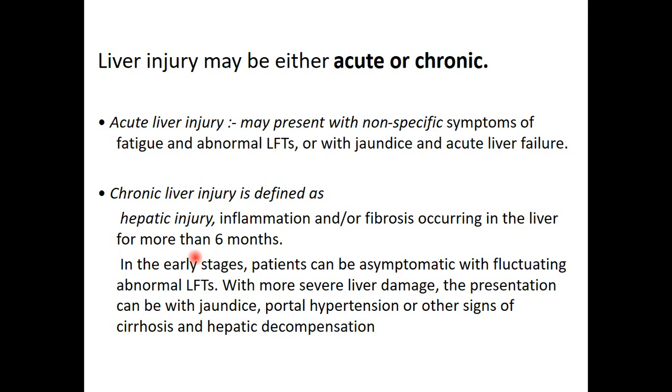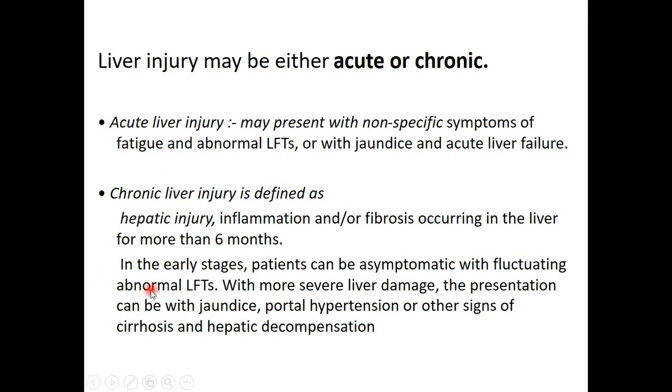Chronic liver injury. What's the meaning of chronic liver injury? It is defined as hepatic injury, so any hepatic injury, inflammation and or fibrosis occurring in the liver for more than 6 months. If it exceeds 6 months, this is chronic liver disease. In the early stages, the patient can be asymptomatic with fluctuating abnormal liver function test.